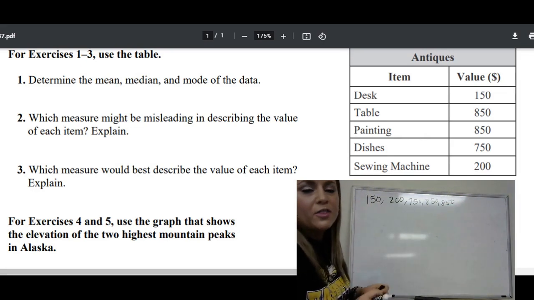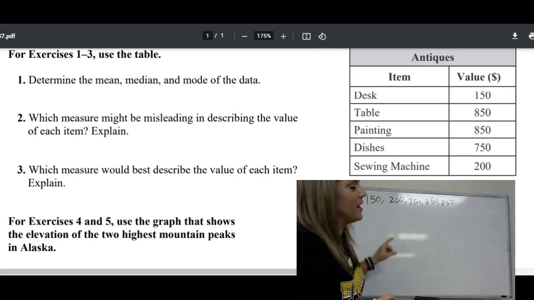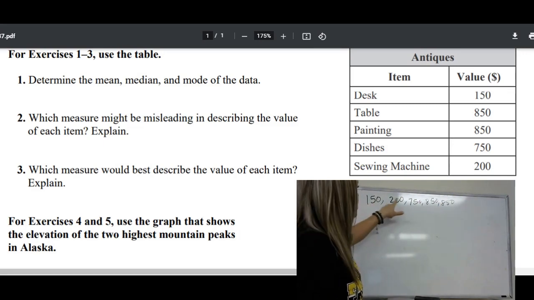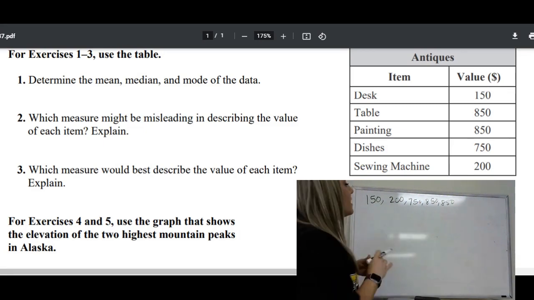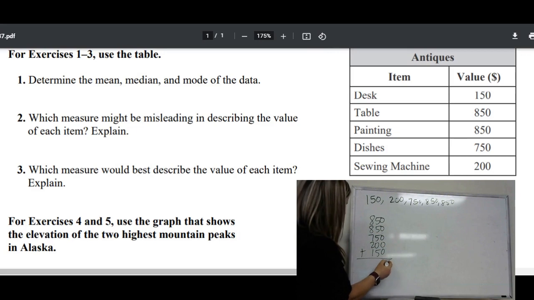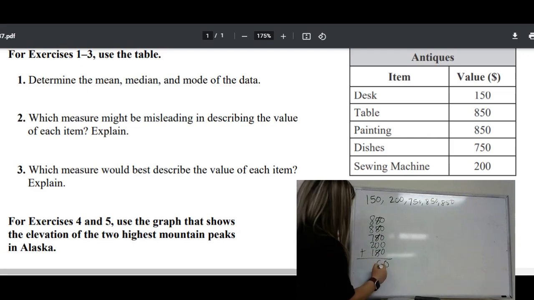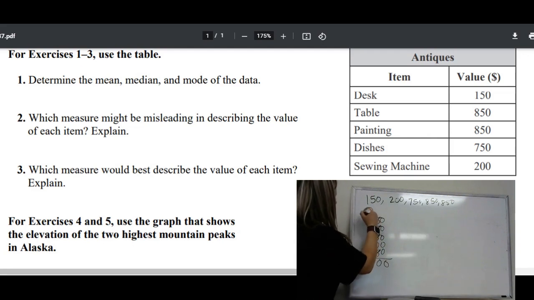Now, the mean is the average, and that's when I take every one of these, add them up, and then divide by however many I have. I have 1, 2, 3, 4, 5 items. So I'm going to just add these all up. 200 and 150. All right, 0 plus 0 plus 0 plus 0 plus 0 is 0. 1, 2, 3, 4 5s. 5 times 4 is 20. So the 0 can stay, but the 2 got to go.